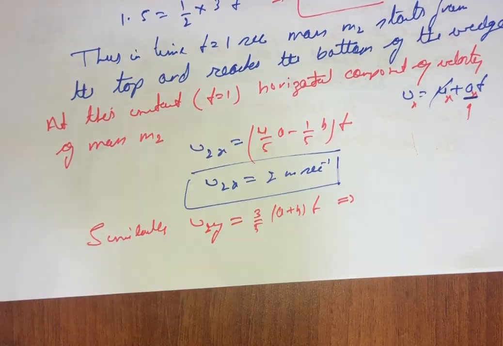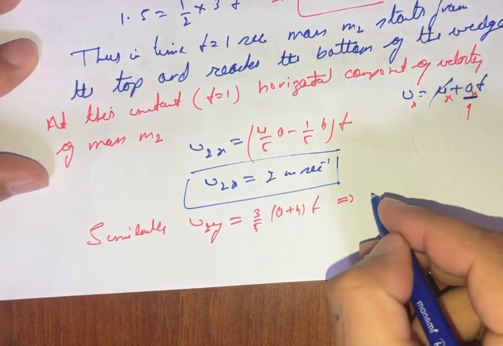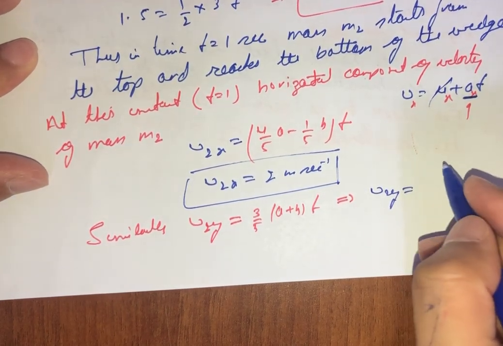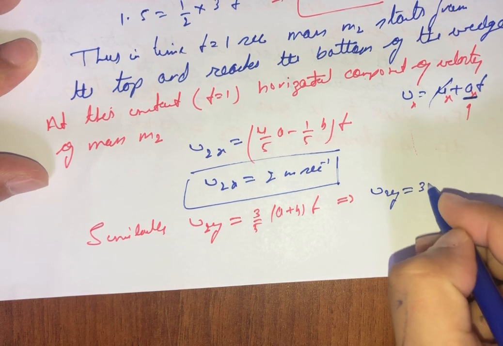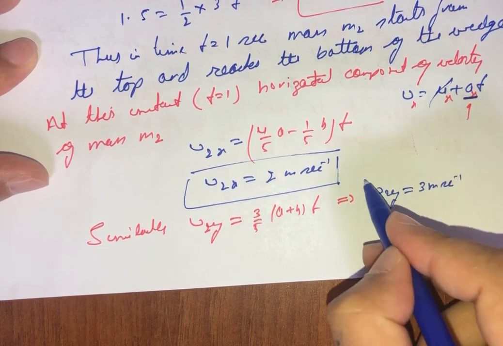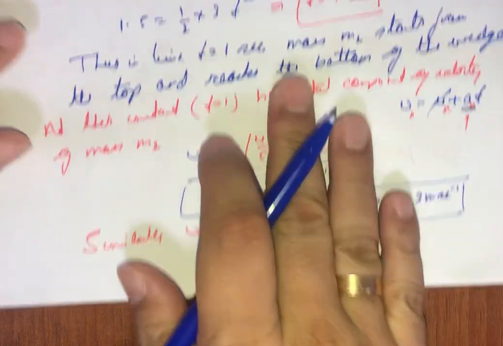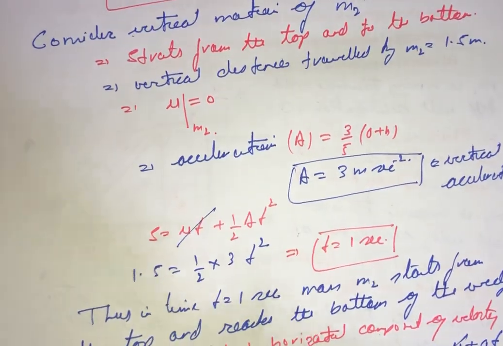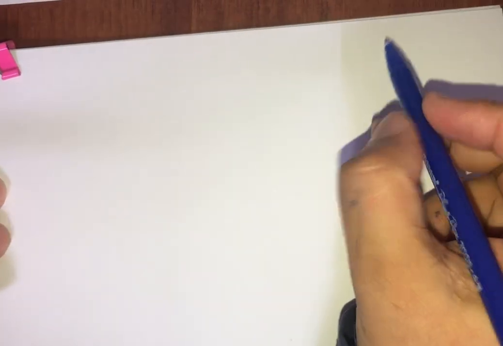Putting the values, we get v2y is equal to 3 meter per second. Now we have both the velocity components v2x as well as v2y.